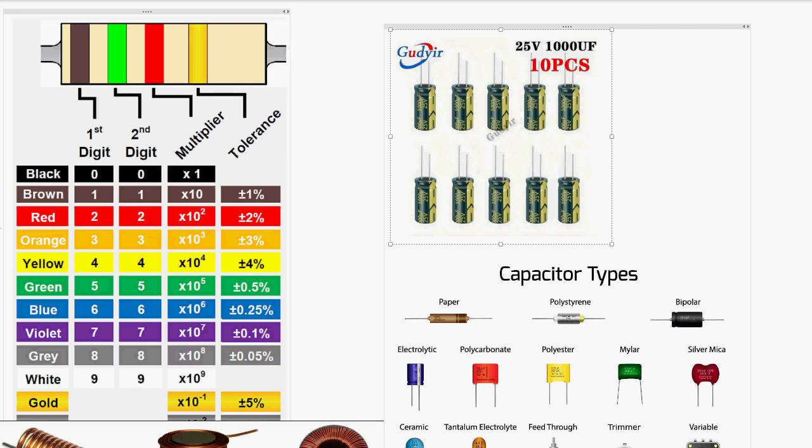The color code for the resistor: the first line and second line make a 2-digit number, and the code is 0 is black, brown 1, red 2, orange 3, yellow 4, green 5, blue 6, violet 7, gray 8, white 9.